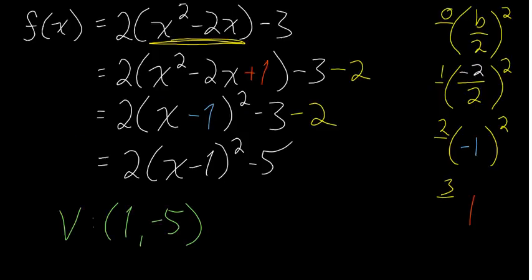Now C, what is the equation of the axis of symmetry? The axis of symmetry is a vertical line at the x of my vertex. So my x is equal to 1, so the axis of symmetry is simply x equals 1.